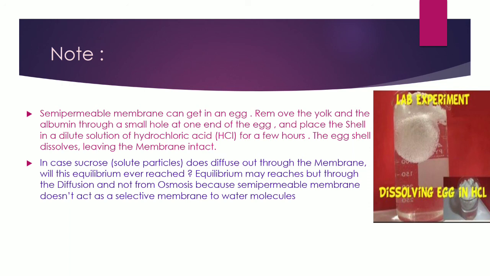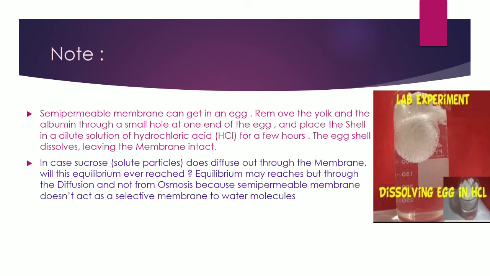The remaining part we put in hydrochloric acid, HCl, for a few hours. Then we can observe the outer shell of the egg dissolving in it and leaving the membrane.